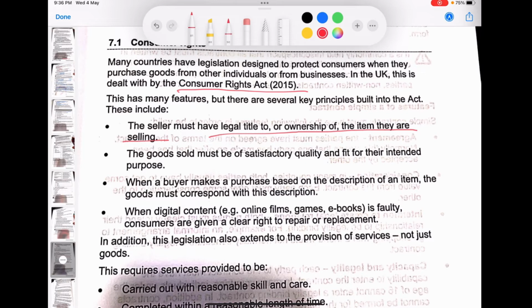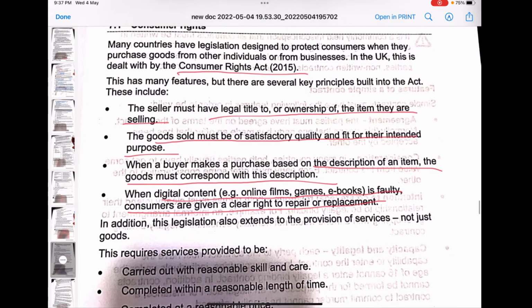The goods sold must be of satisfactory quality and fit for their intended purpose. When a buyer makes a purchase based on the description of an item, the goods must correspond with the description. When digital content, for example online films, games, ebooks, is faulty, consumers are given a clear right of repair or replacement.